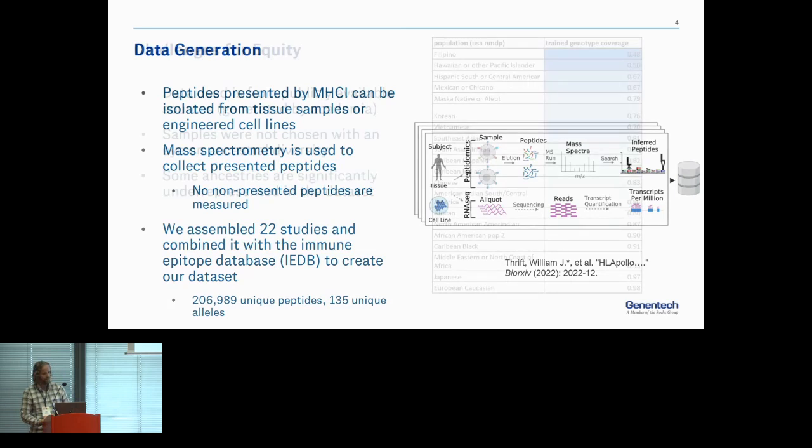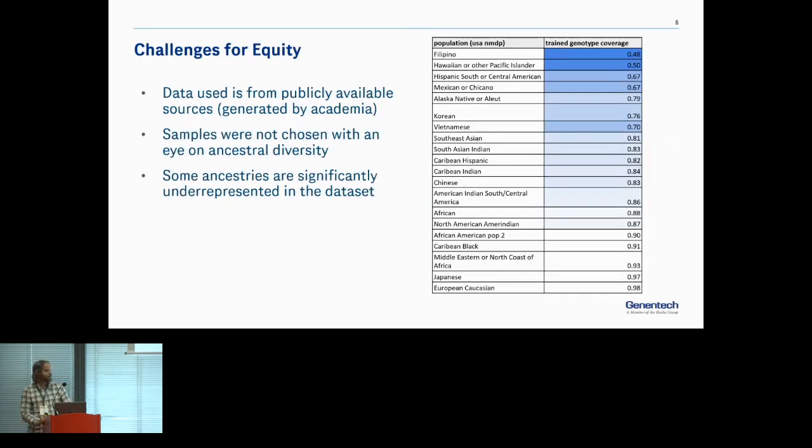The issue, though, and why I'm talking about equity today, is that researchers who were collecting this data were just taking whatever samples they can get, which is totally reasonable. But it turns out that people who give samples to universities are not representative of people in the world. I work for a pharmaceutical company, and we make medicine for people in the world, so that is an issue for us.